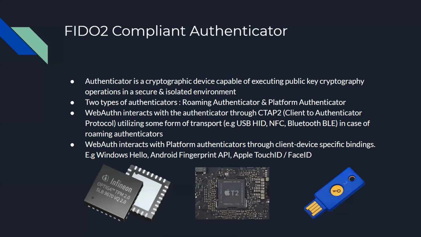It can also be a software implementation, like how ARM has the TrustZone implementation in its instruction set, and similarly, Apple has its Apple Secure Enclave, which handles a lot of crypto applications. So these are device-specific crypto implementations. So hence they are known as platform authenticators.